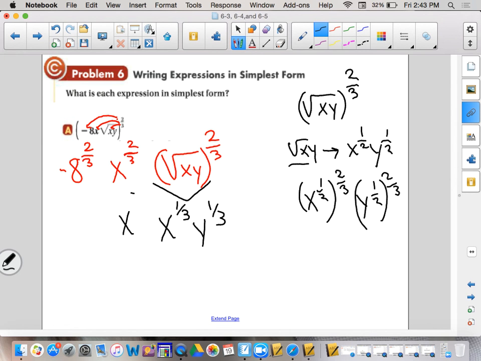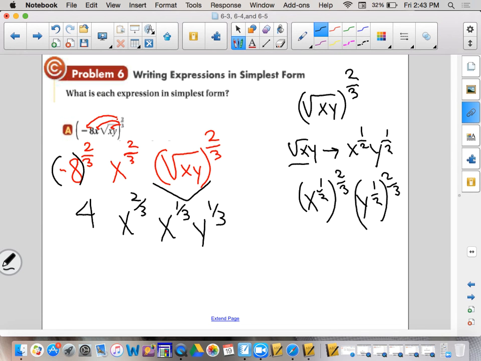I have x raised to the 2/3 right here, and I need to determine what negative 8 raised to the 2/3 is. Anybody? If you get -4, you did not put your negative 8 in parentheses.